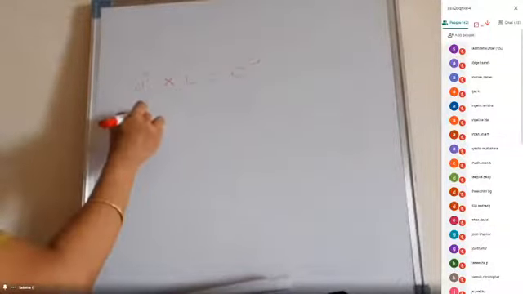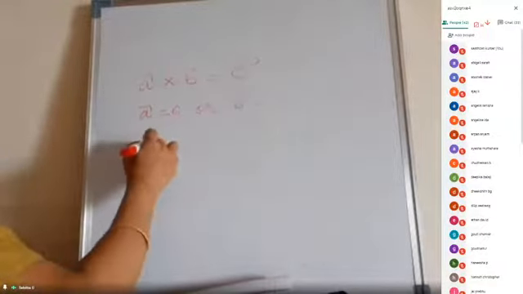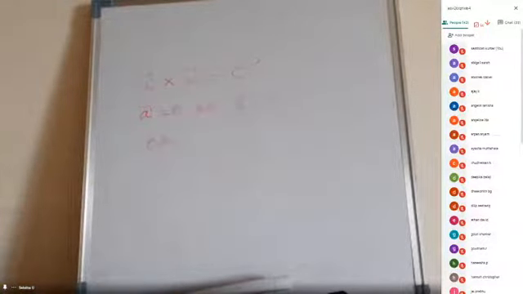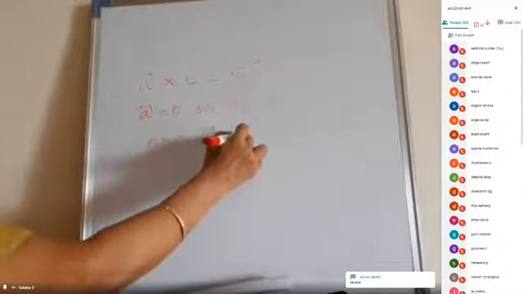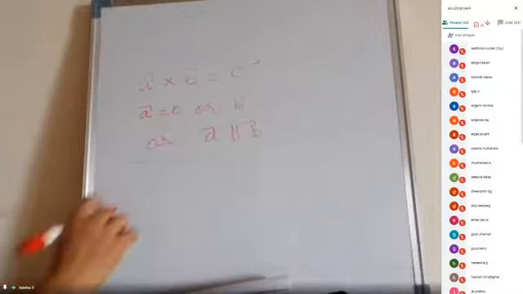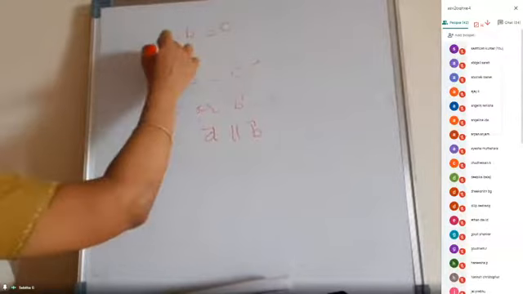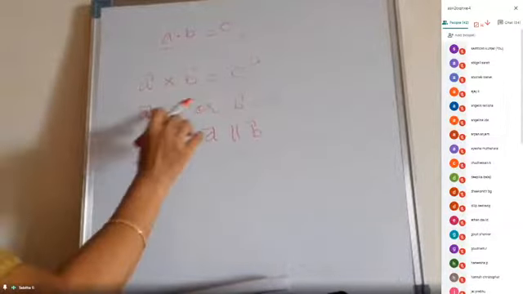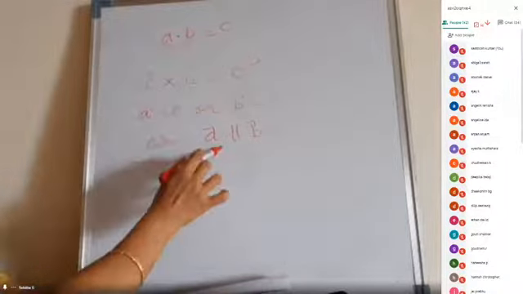Either A vector equals 0, or B vector equals 0, or A and B are parallel. A cross B is mod A mod B sin theta, which equals 0, therefore A vector is parallel to B vector. Complete. A dot B equals 0, what did you conclude? A vector 0, or B vector 0, or A and B are perpendicular.